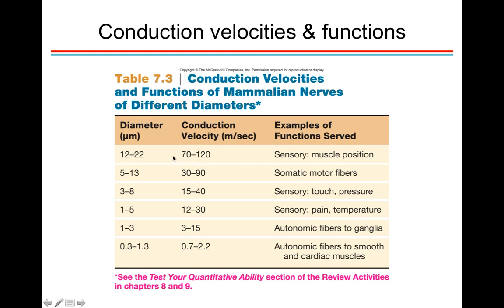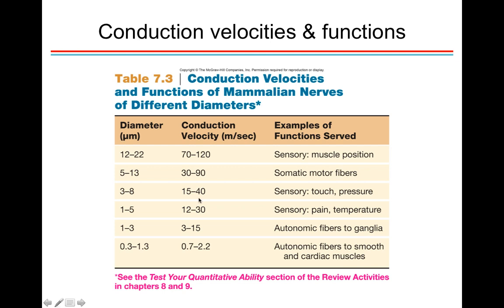So this is for a very thick 12 to 22 micrometer diameter nerve. We see the conduction is about 70 to 120 meters per second. Huge, right? However, in a very thin nerve, it's 0.3 to 1.3 micrometers diameter. We see 0.7 to 2.2 meters per second of velocity, right?